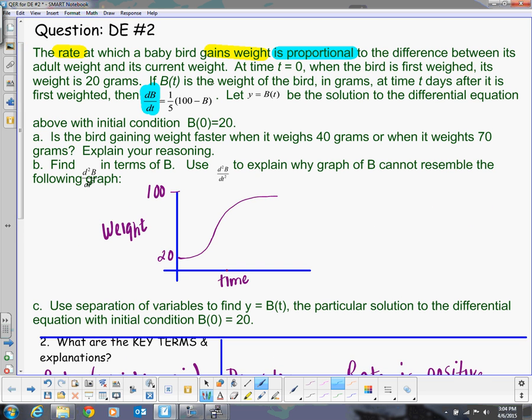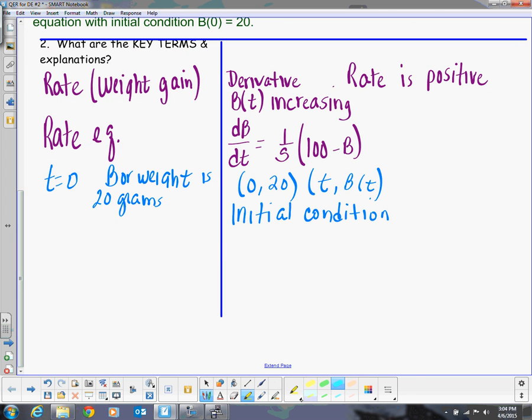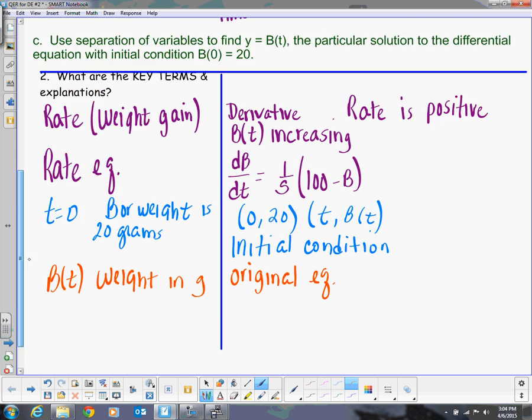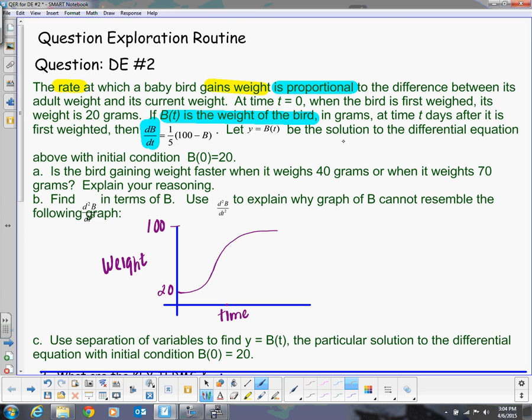All right, if B of T is the weight of the bird, it did not say the rate of change, it is the weight of the bird. So this is significant. B of T is weight in grams, which means it is an original, not a derivative or second derivative equation. Important to know. So the dB over dt is our rate equation, which we already said.